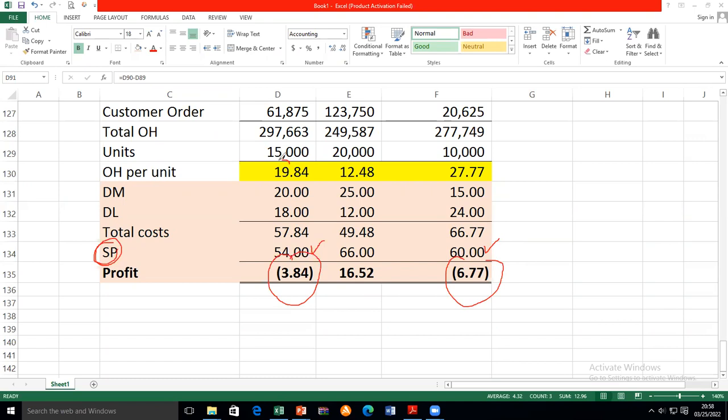They consume a lot of cost drivers, and correspondingly, they're supposed to be charged a high overhead. So with this information, we need to review our pricing policy.